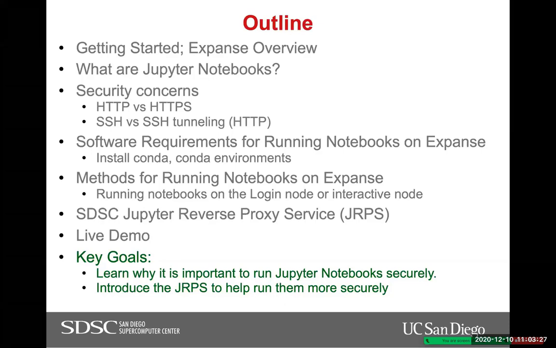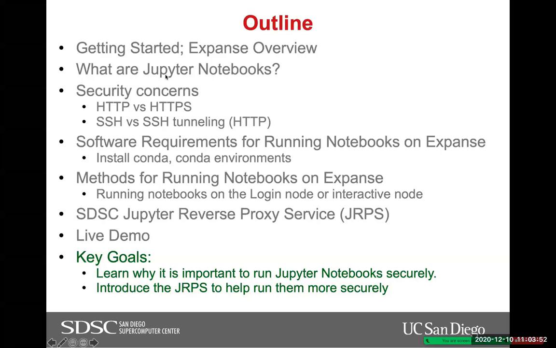It came out of an interest in improving the security of notebooks. That's one of the reasons we do this notebook webinar series. The other one is that Expanse is a little bit different than Comet. For those of you who've been running jobs on Comet, you'll find that there are some slight differences, especially in the module environment. So we also want to address that, but just keep reminding people.